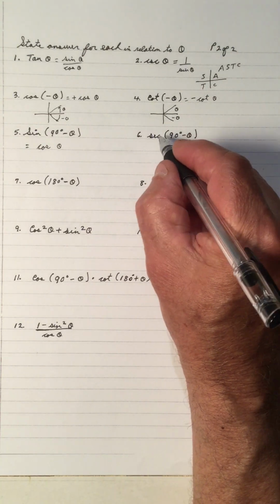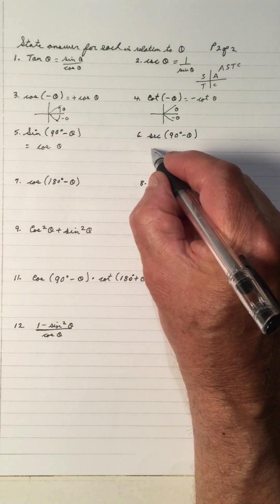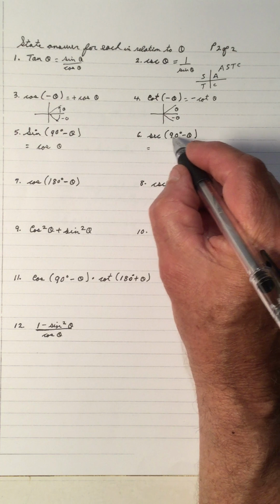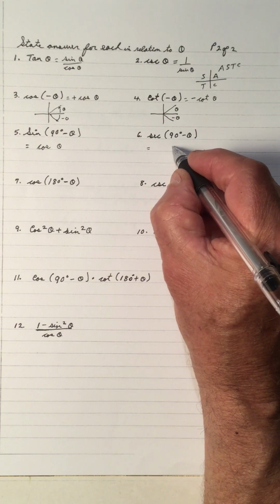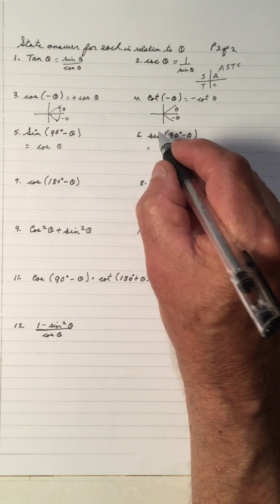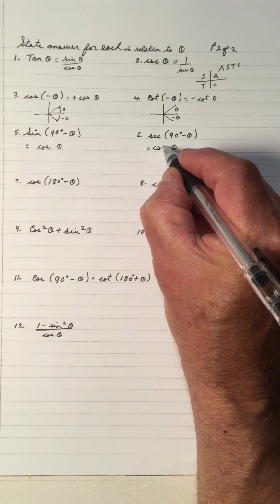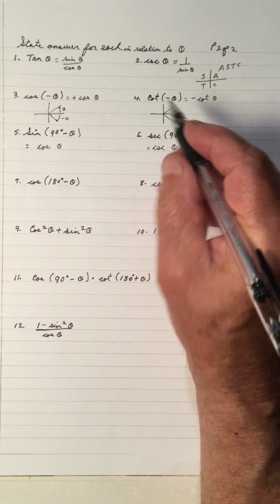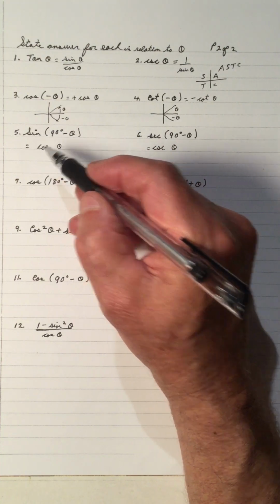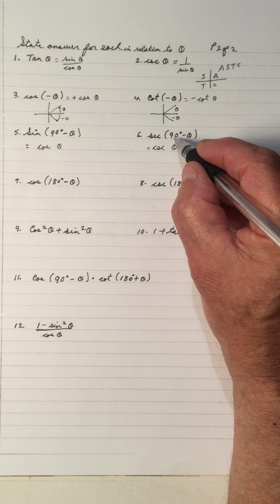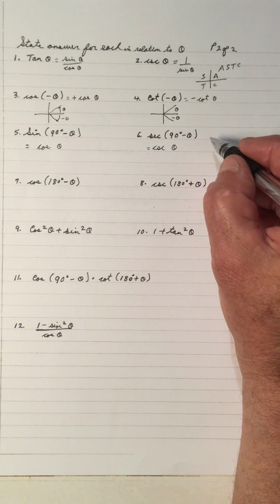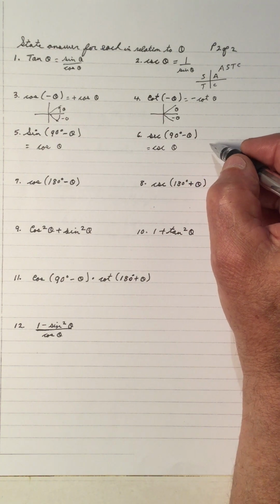And again, right here, we have secant of 90 minus theta. And secant, again, is going through a 90. So in relation to theta, secant is cosecant. So cofunctions: sine is cos, secant is cosecant, and if you had 90 minus theta for tan, you would have cot. They're cofunctions.